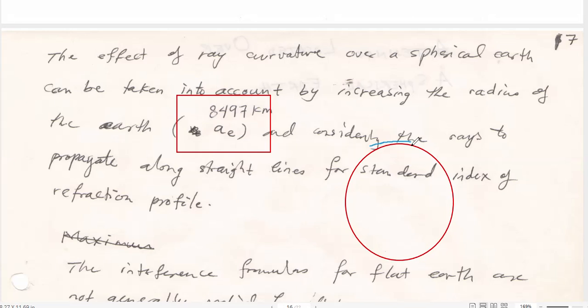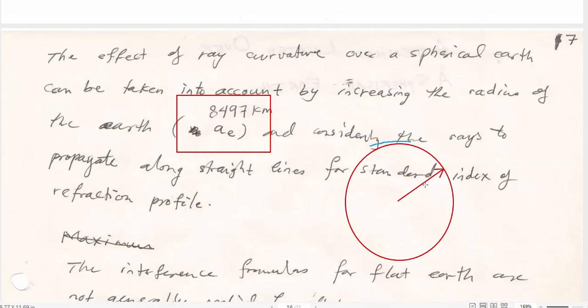Now to make this line straight, we increase the actual radius of the earth, and at the same time we increase the radius of this circle, this part of a circle, until it becomes a straight line.